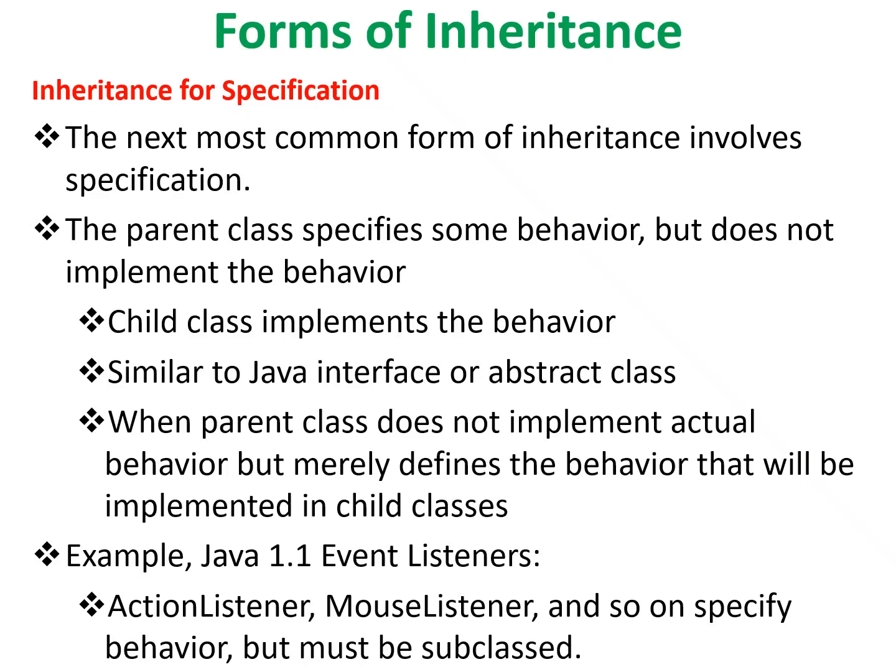The parent class does not implement actual behavior but merely defers the behavior to be implemented in child classes. Example: Java 1.1 event listeners, such as ActionListener and MouseListener, specify the behavior but must be subclassed.